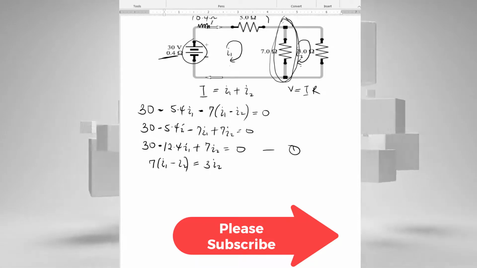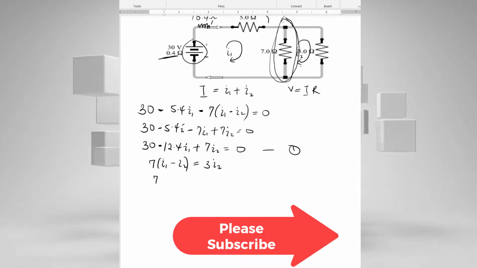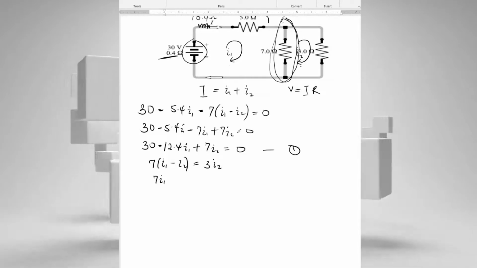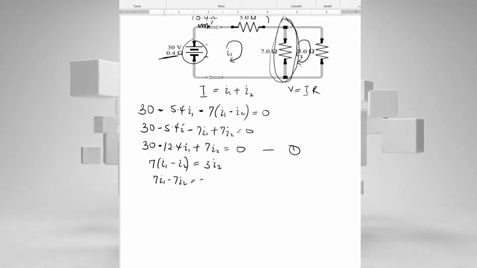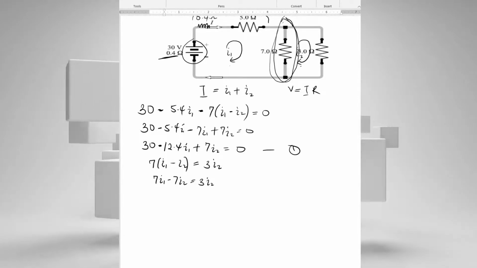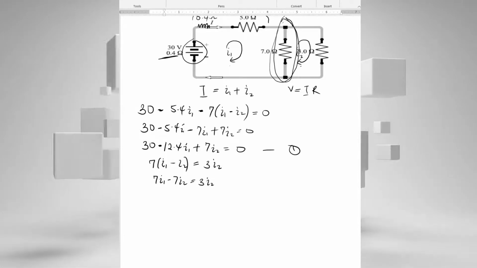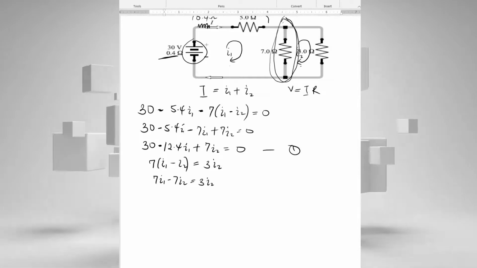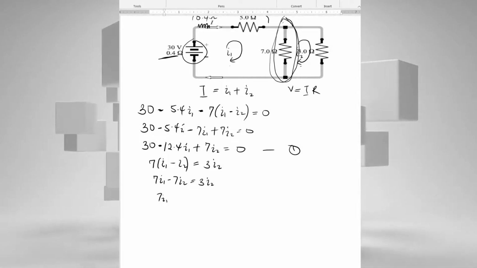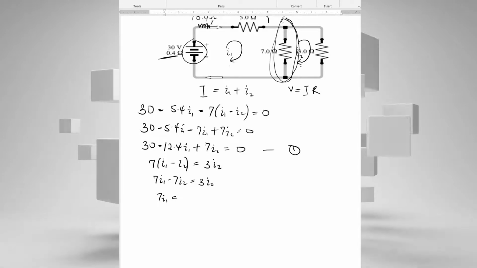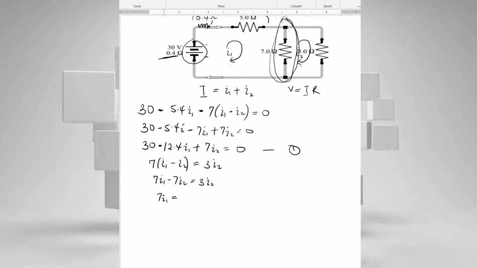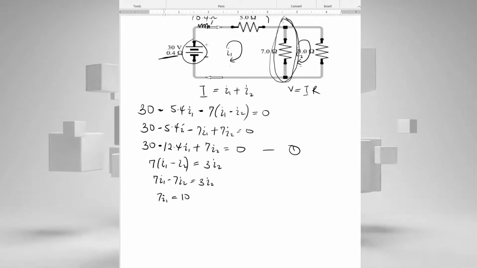And I can resolve that. I have 7I1 minus 7I2 is equal to 3I2. And this means that 7I1 is equal to 10I2.